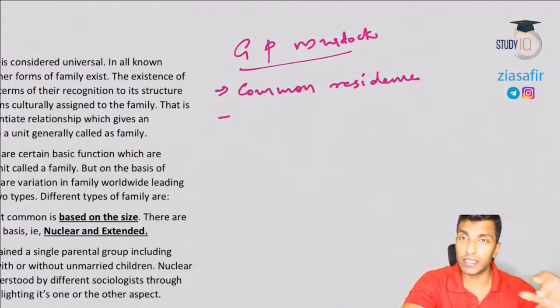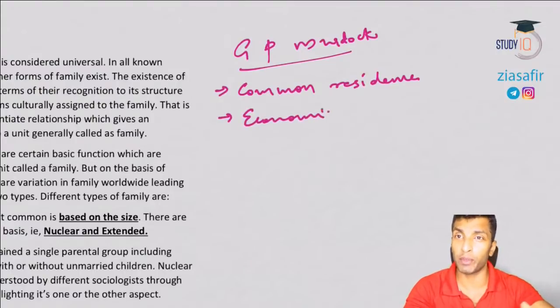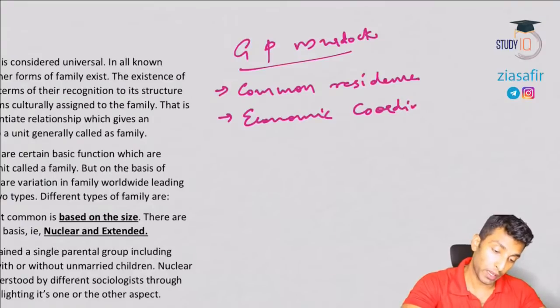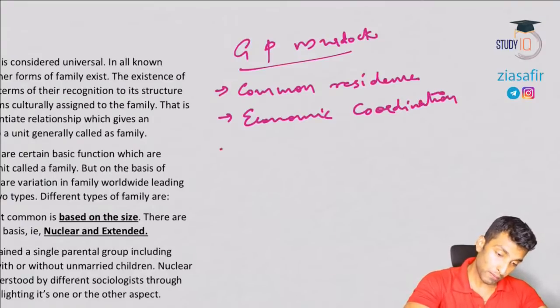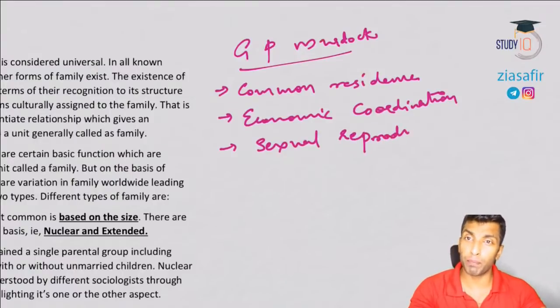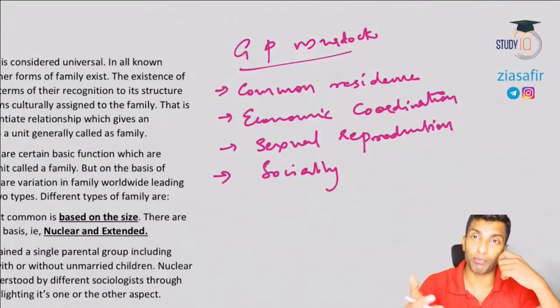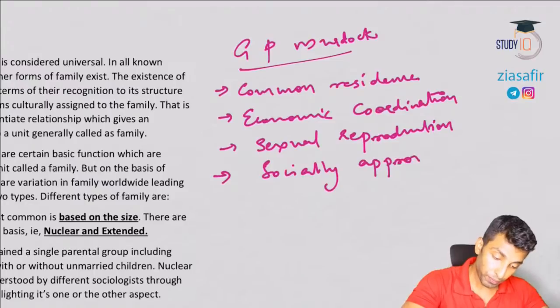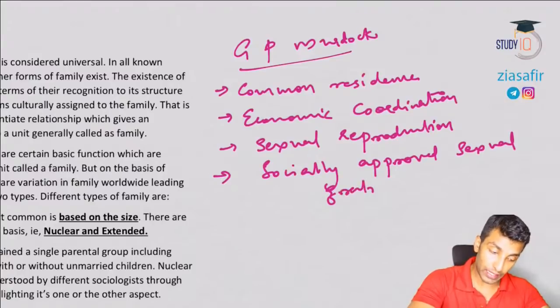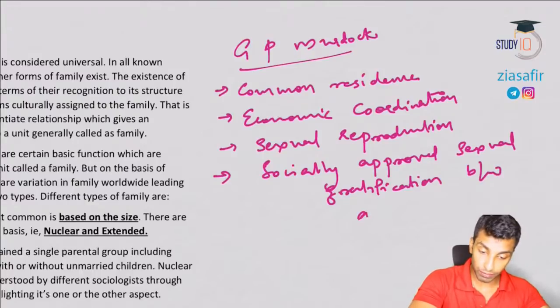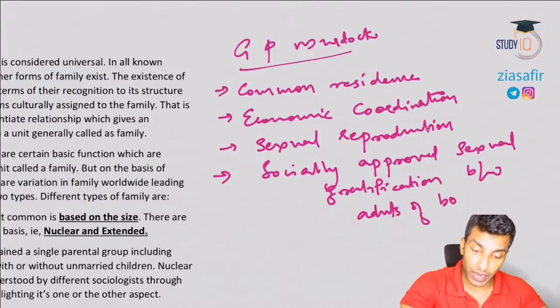In the definition you will see they function as an economic unit, that means economic coordination among the members of the family. Then sexual reproduction, and then sexual gratification, that means socially approved sexual relation between adults of both sexes.